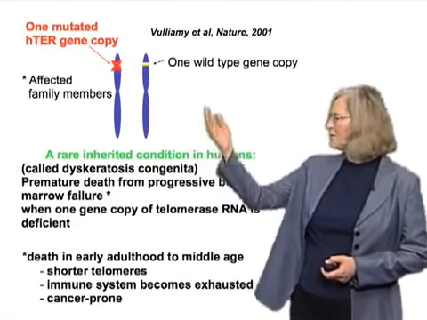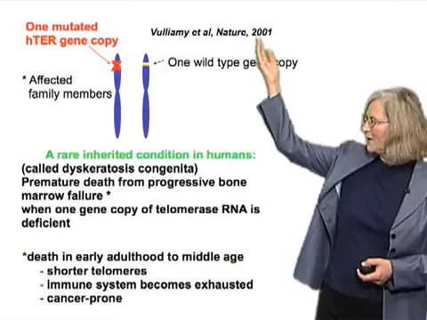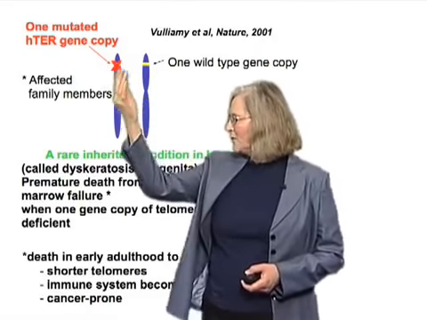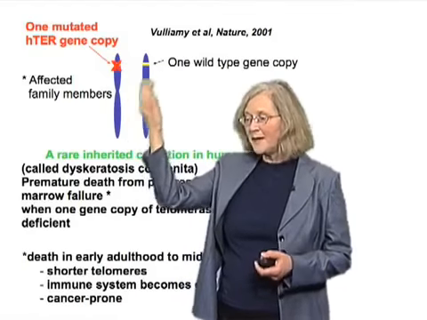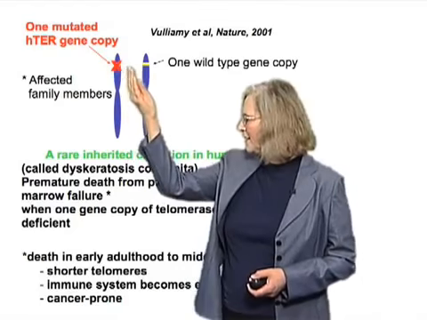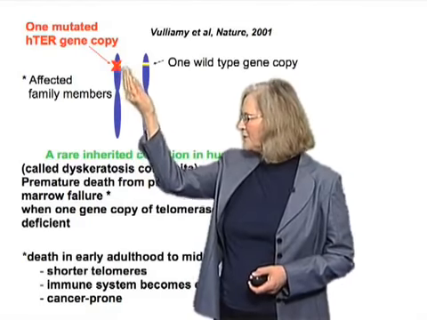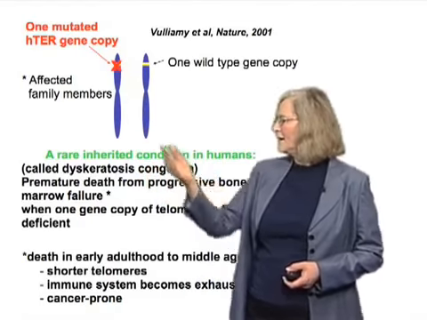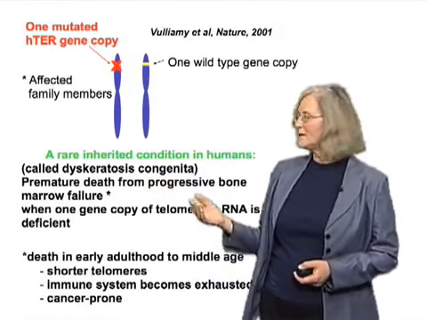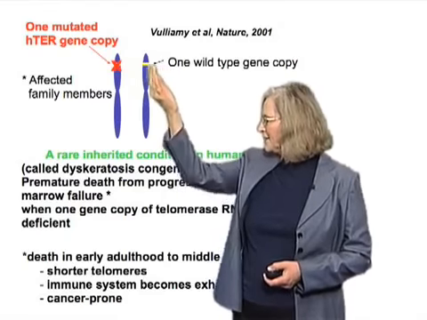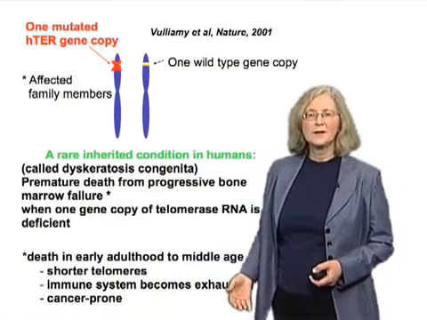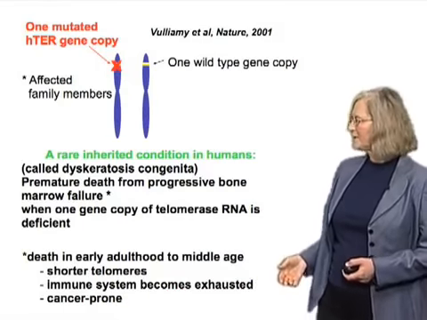So the important result, which was found in 2001 by Vulliamy et al., was that mutating one or other copy, from mother or father, it didn't make a difference who had passed the gene down, but if one of the copies of the telomerase RNA gene was mutated, as is the case in the family members affected by this inherited disease, even though the other gene copy is wild type, these are the ensuing consequences.